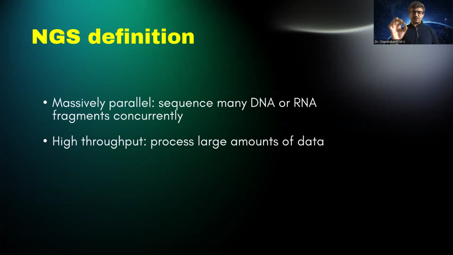Okay? Concurrently, it reads out each sequence, each fragment. And then high throughput process because it is done concurrently. Not that I'm reading through and through the paragraph. Instead, I am splitting a paragraph into multiple lines, and each line is read simultaneously, concurrently. A massive parallel sequencing is happening. That is why NGS is quick and more accurate.